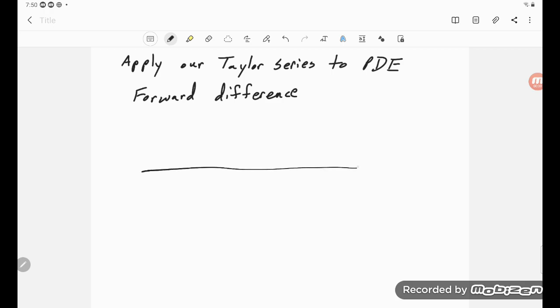Okay, and here's the x-axis. There's 0, there's 1. And so what we're going to do is break this up, so here's h, 2h, 3h, and so forth all the way here to n times h.